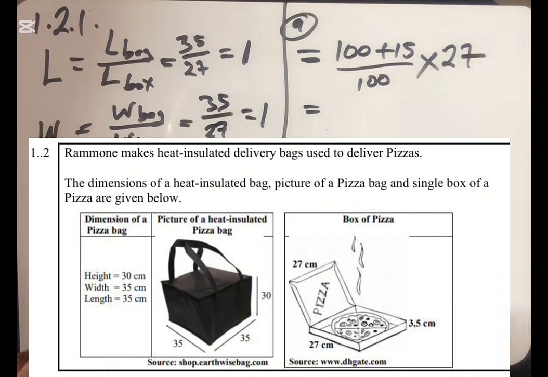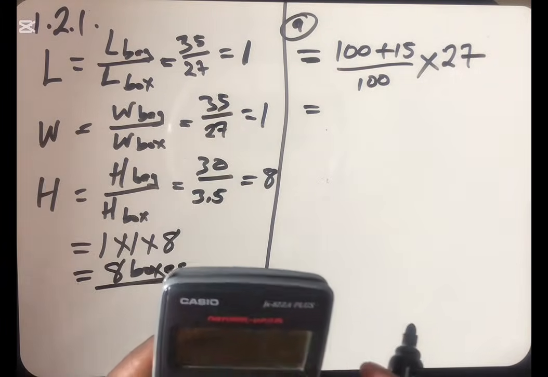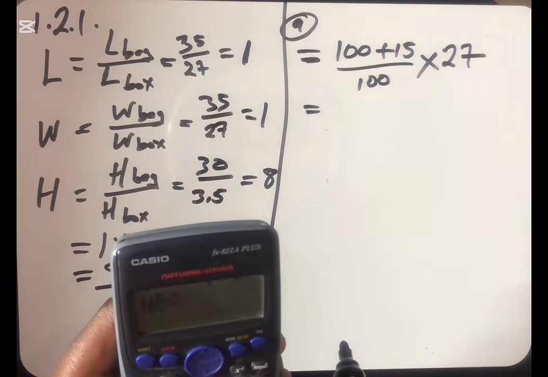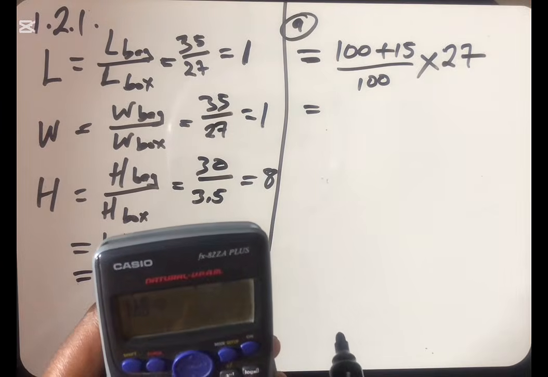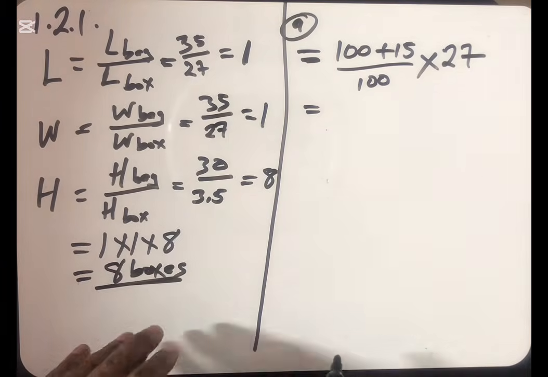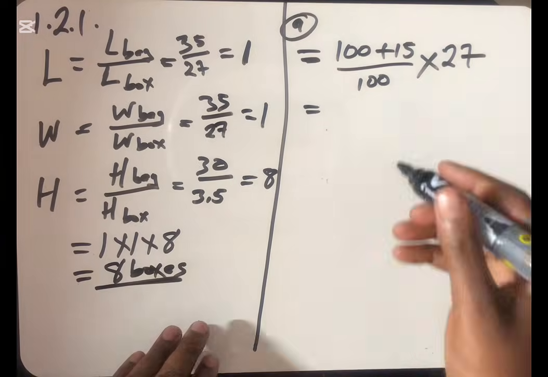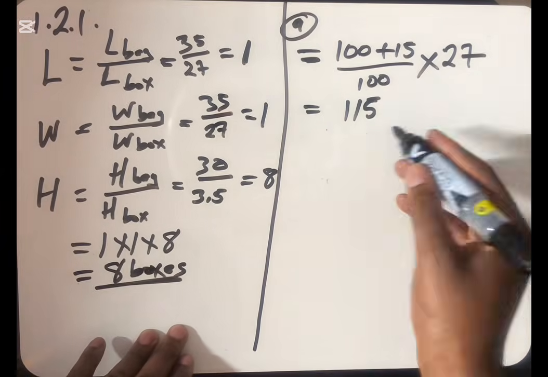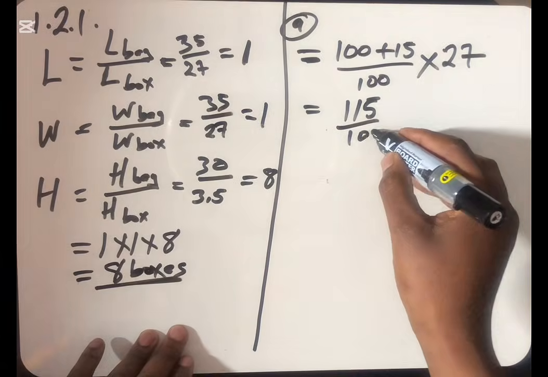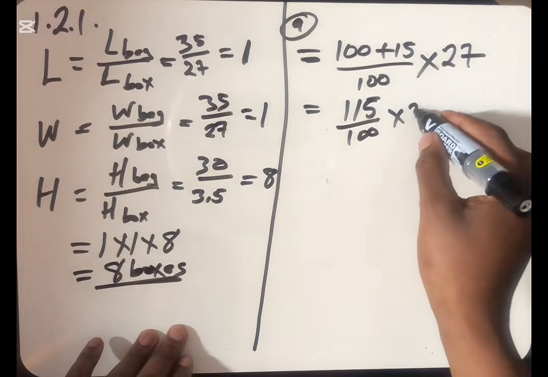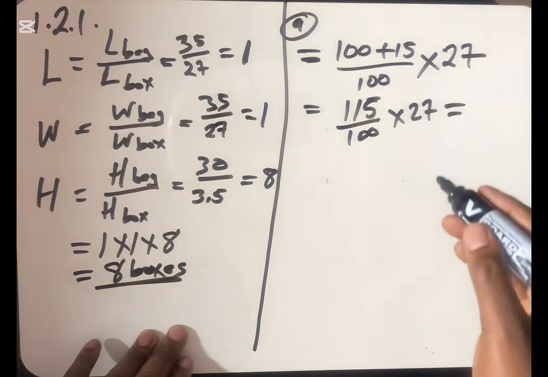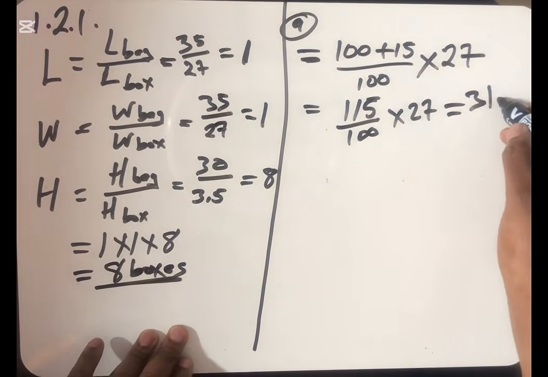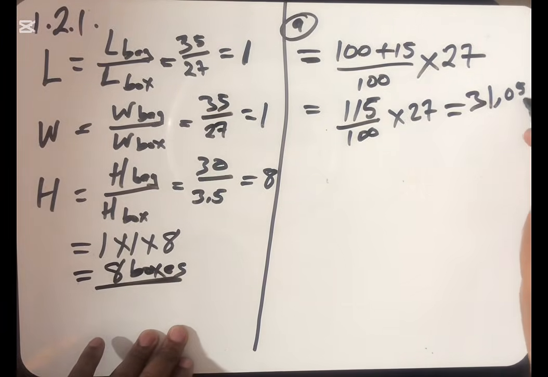So we use a calculator. 100 plus 15 is 115. It has increased by 15%. From 100%, it went to 115. We multiply it by 27. We found that it's now 31,05. This is how this 31,05 was obtained.